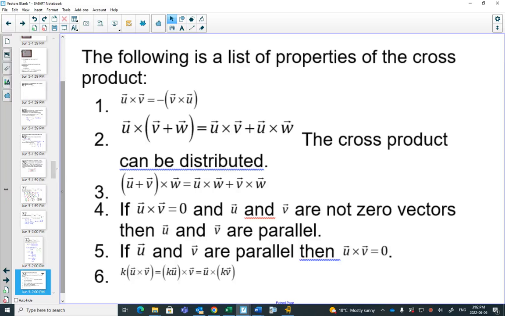If the cross product is 0, that means that your original vectors are parallel. So you have a problem. If you have two parallel vectors tail to tail, there's like an infinite amount of perpendicular ones that go around, so that makes our cross product equal to 0. And similarly, this is important in higher level mathematics.